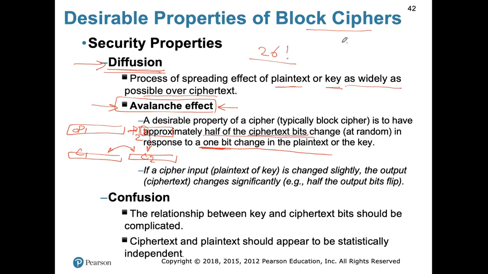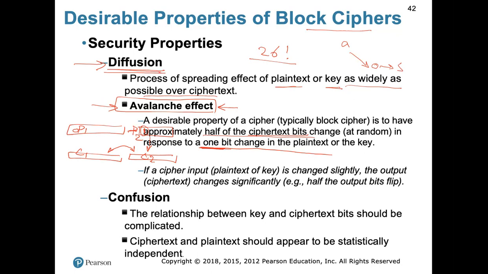If you change one letter in the input text, what is going to be changed in the output, the ciphertext? Only one letter. For example, O becomes S. So we cannot claim that more than 50% of the characters in the ciphertext are going to be changed.